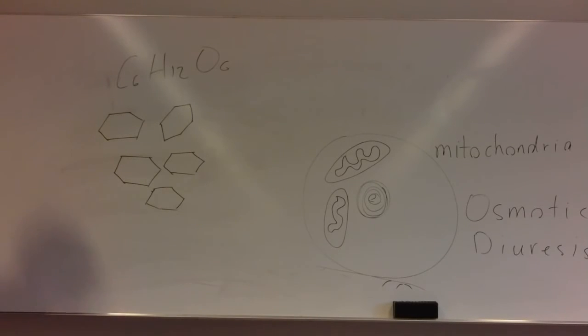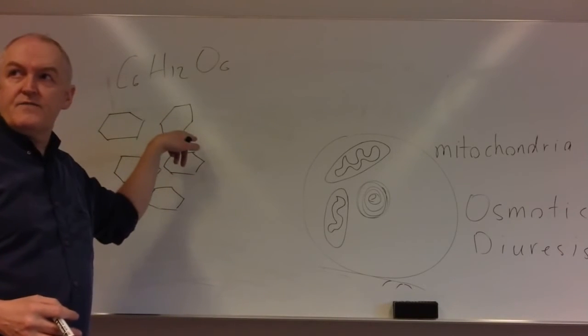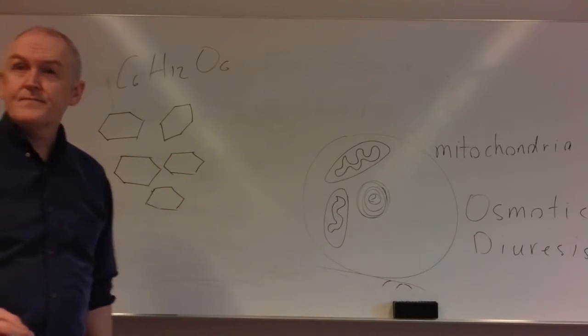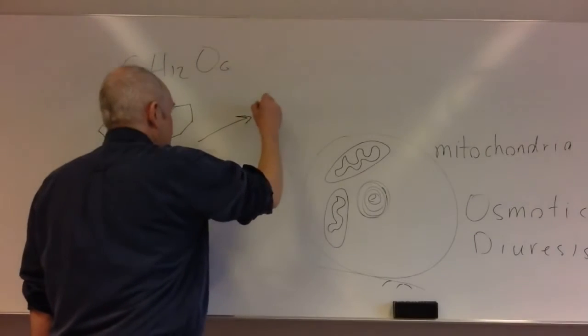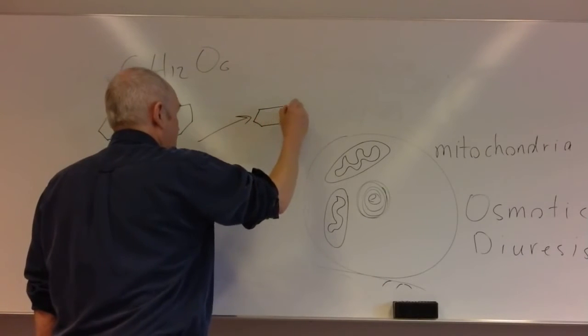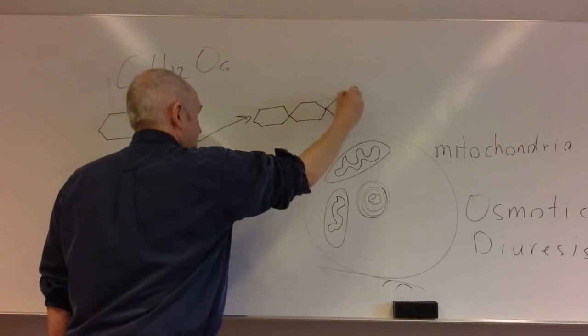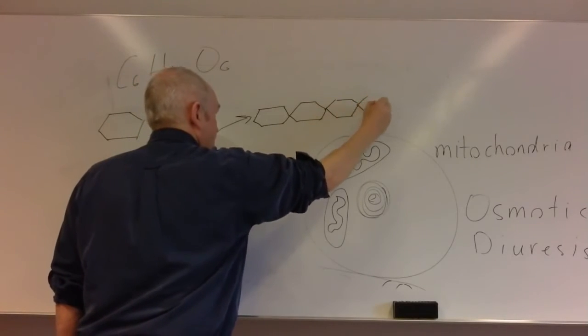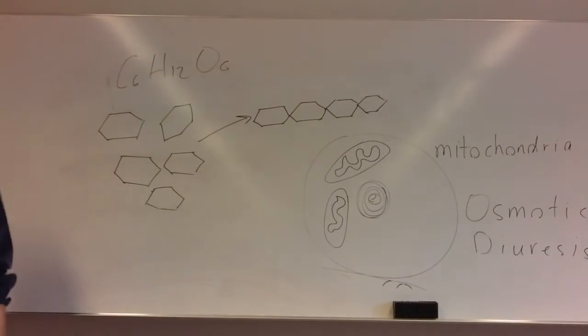Now, one of the things that insulin will do is tidy all these individual glucose molecules up. The first thing it will do is tie them all together into a big long string, hundreds of units long.